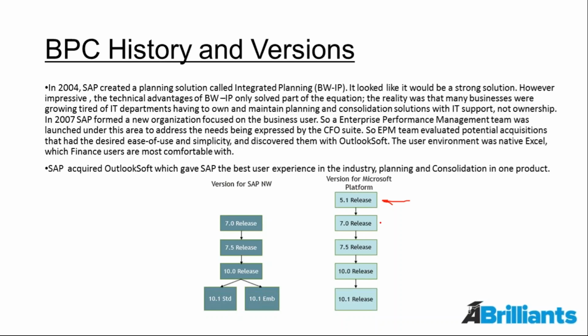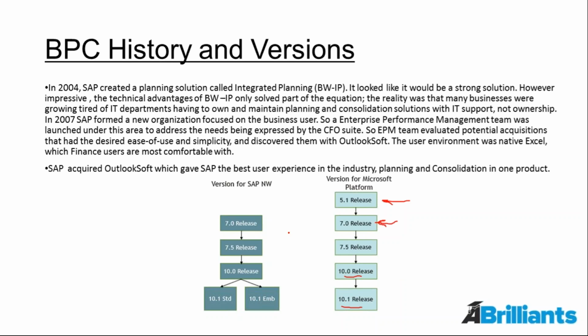After that, the 7.0 release came into existence, and it was for both NetWeaver and Microsoft. And then the 7.5 release, which was also for both. And then the 10.1 release.